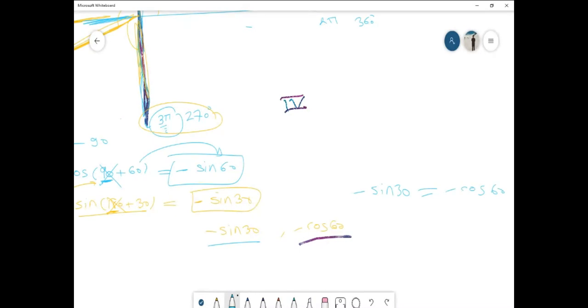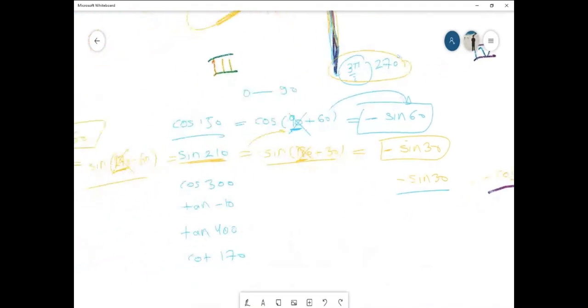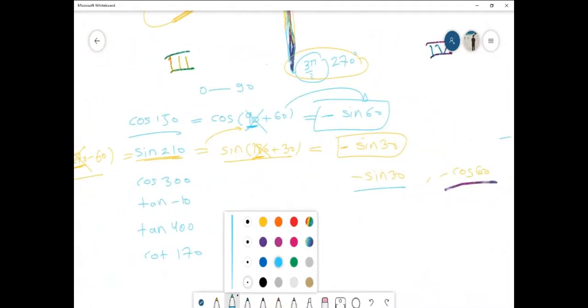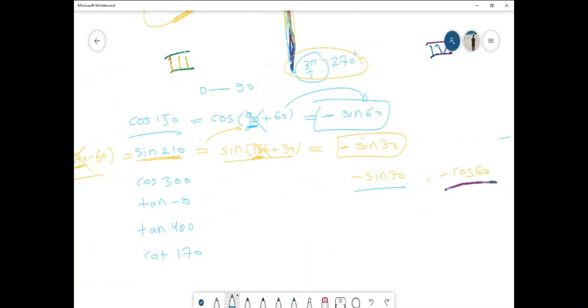When I use the other boundary, it gave me this one. So these should be equal: minus sine 30 equals minus cosine 60. When you use a calculator, you will find the same answer. Sine 30 is equal to cosine 60.